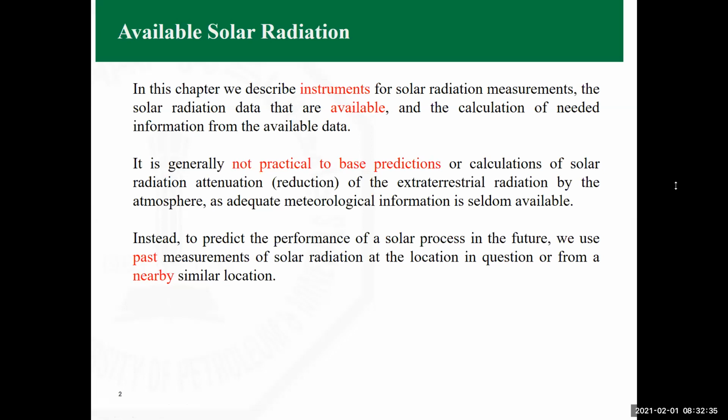We do not base the predictions or calculations on the solar radiation attenuation. The word attenuation you're going to hear a lot, which is the reduction of the solar radiation as it comes through the atmosphere. We have seen that whatever is reaching the tip or the outside of the atmosphere is basically the solar flux or the solar constant.